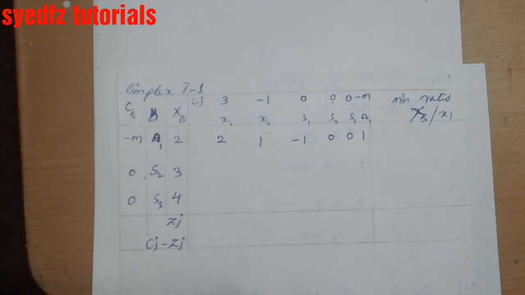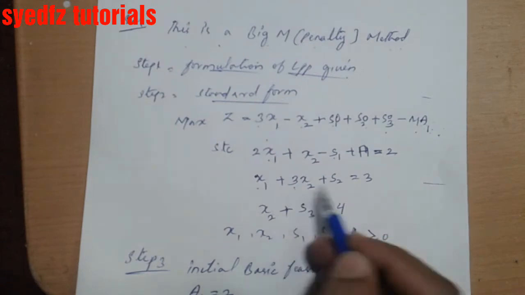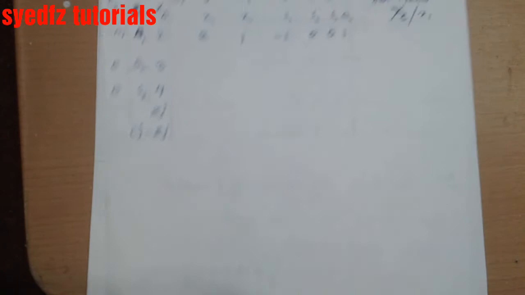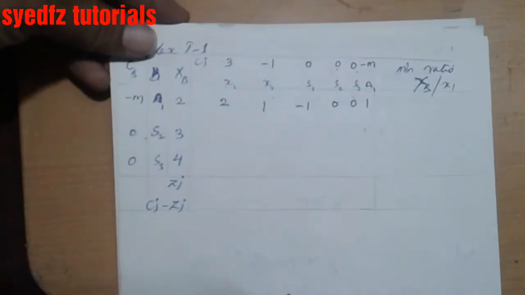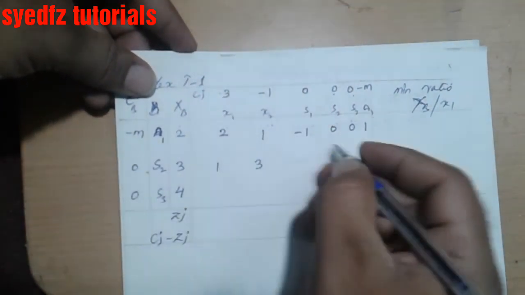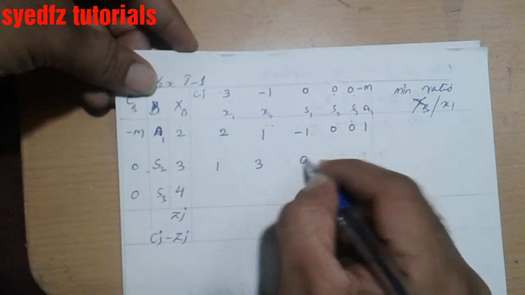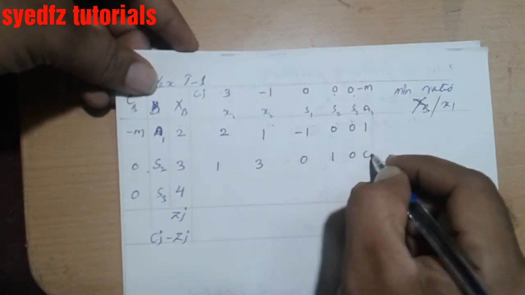As the same thing in second row, x1, 1, 3 and 1. 1, 3, s1 is not there, so take 0, s2 is there, so take 1, here it is 0 and 0.